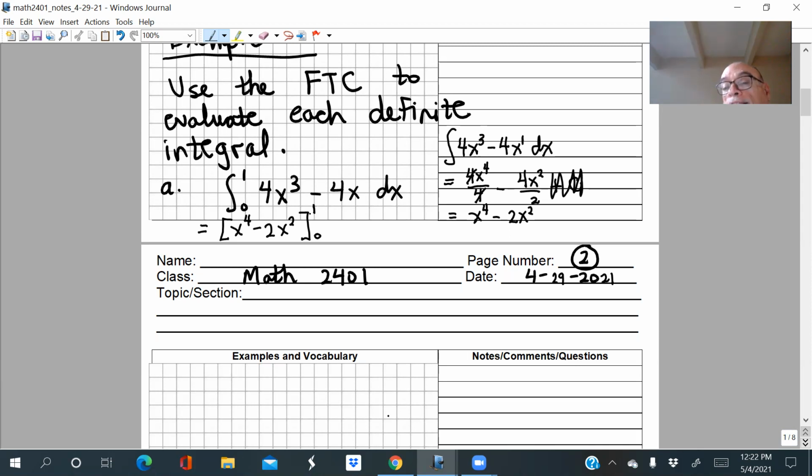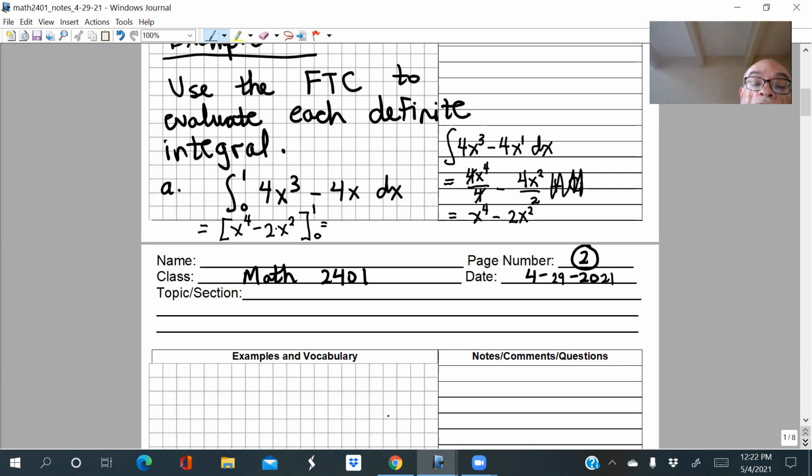This is very convenient notation. In brackets, there's my antiderivative, and I put the upper and lower limits of integration as a superscript and a subscript beside the bracket. What that means is what I'm just about to do here.